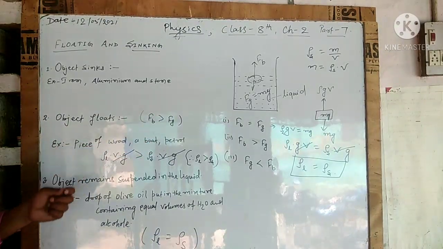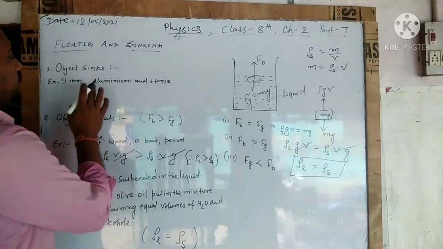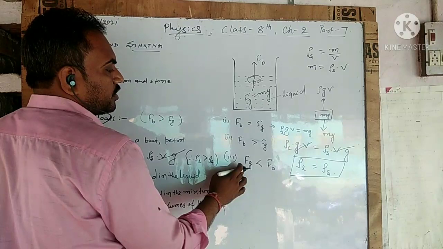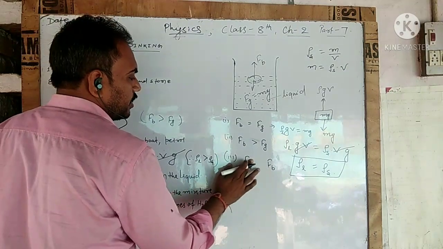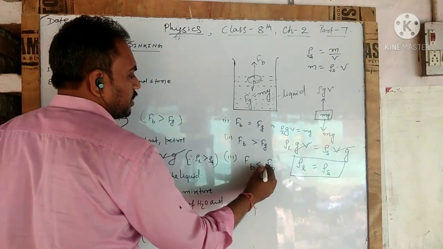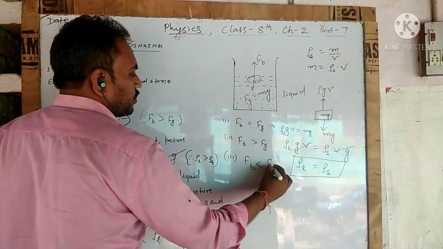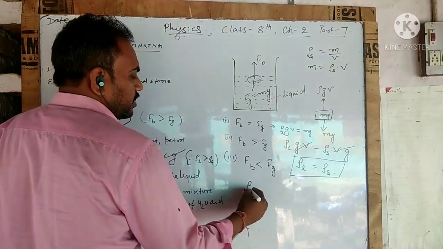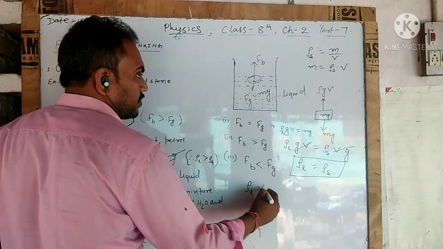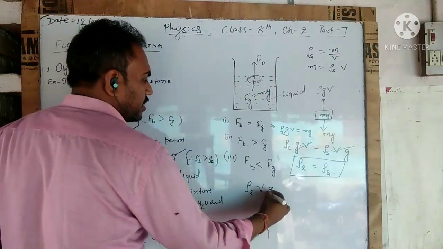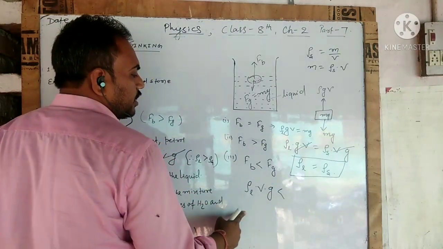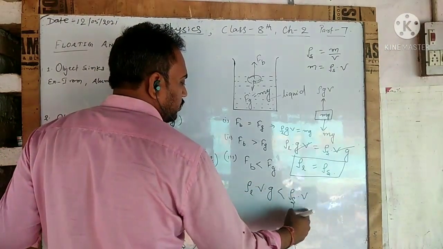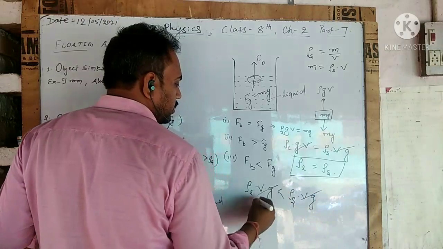In the third condition, the force of buoyancy is less than the force of gravity. Density of liquid into volume displaced into acceleration due to gravity is less than density of substance into volume into acceleration due to gravity.